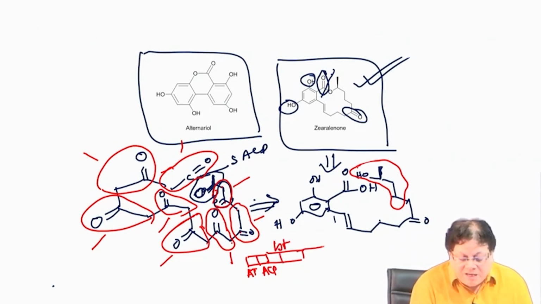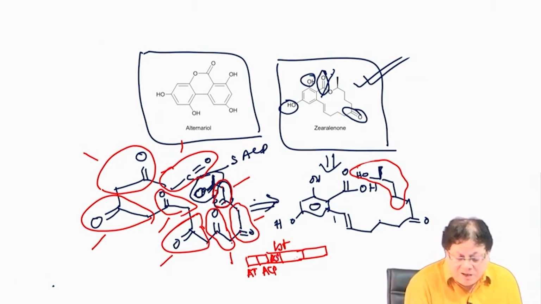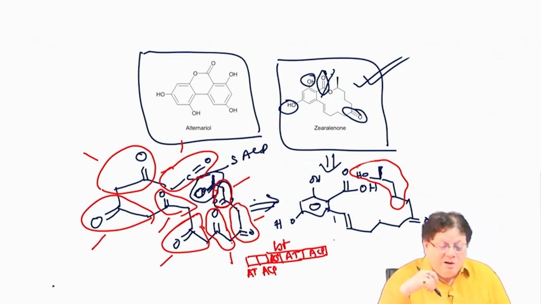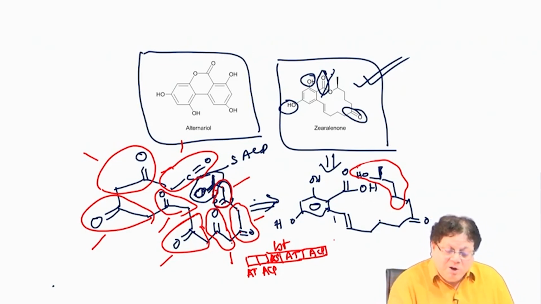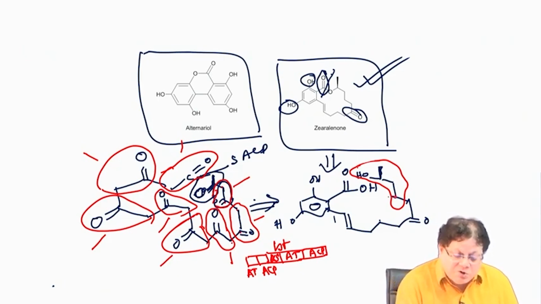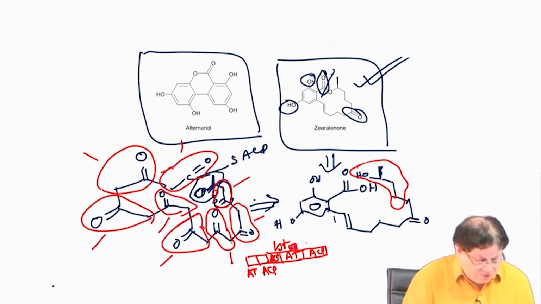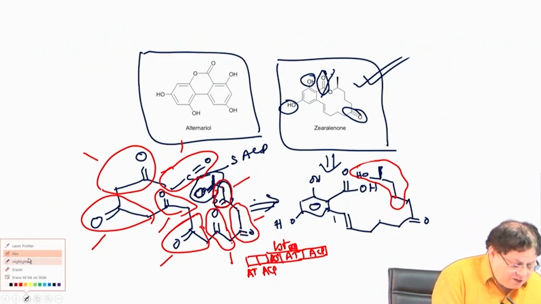So, the first module, I said that each module should have AT, should have a keto synthase right after the ACP, then you should have AT, you should have ACP, and whether you should have other ones or not. Because this ends up as a CH2, that means it should have keto reductase. So, this pen is a little bit thick, that is the problem.